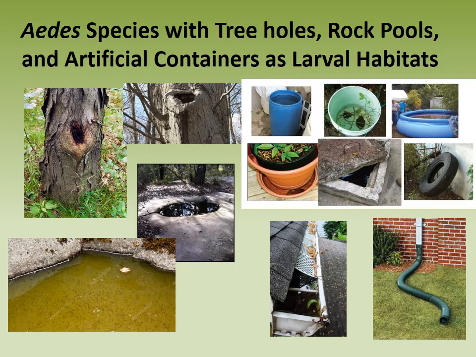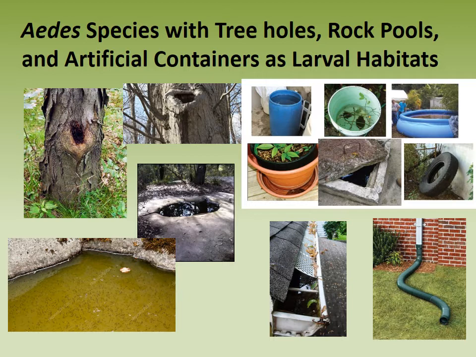Artificial containers are tires, trash cans, swimming pools, basically any container that is holding water for long enough. Even gutters that have been backed up, or these downspouts that are coming off of the gutters.